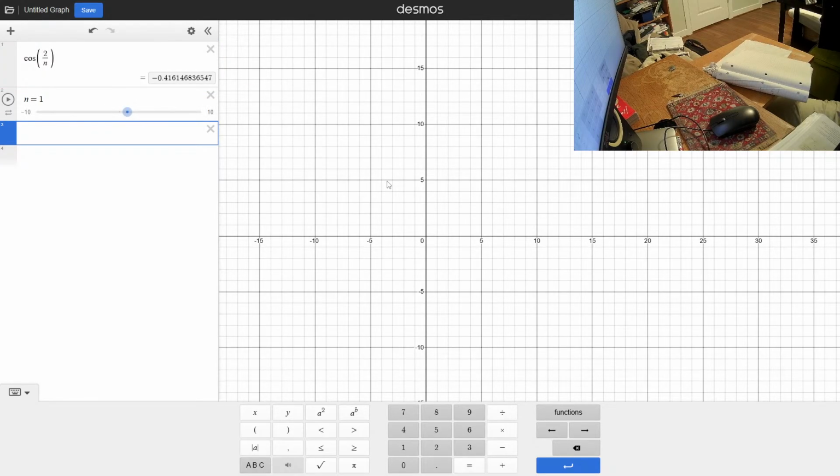So we're taking the limit as n approaches infinity of cosine 2 over n, which equals cosine 2 over infinity, and a whole number divided by infinity is just 0. And the cosine of 0 is 1. So there's an easy one.